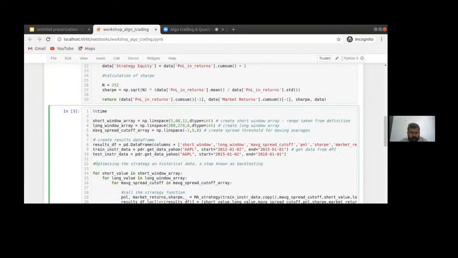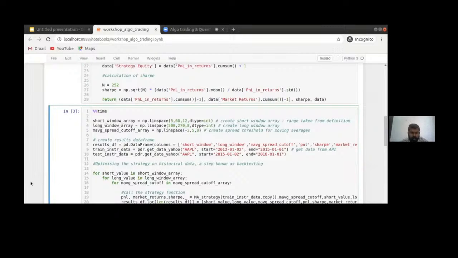And then here is the moving average spread cutoff array, which Jarin was talking about. I have decided to give values between -2 and 5, and there would be 8 values between them.